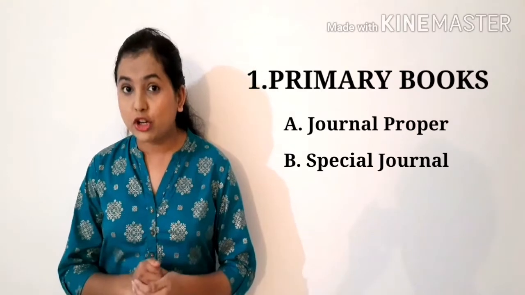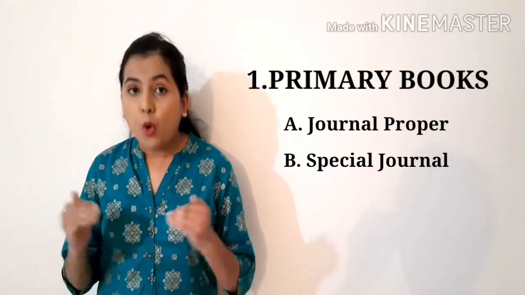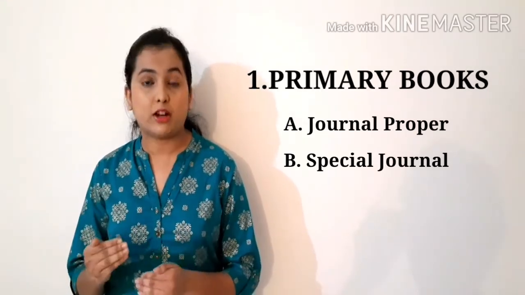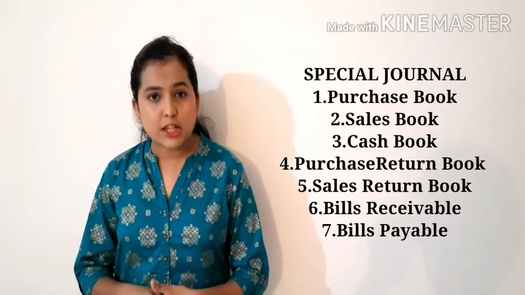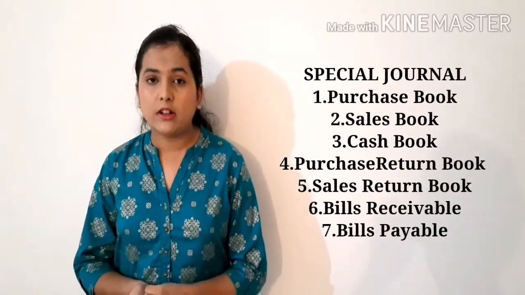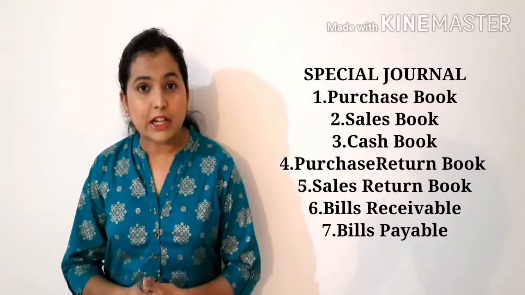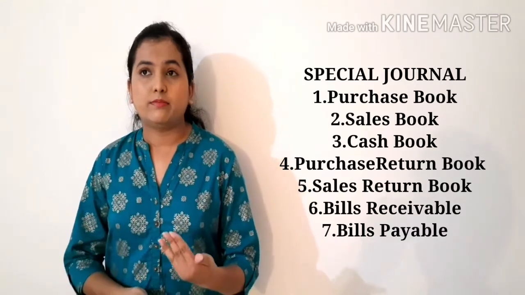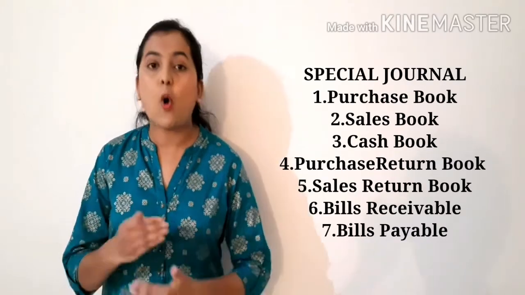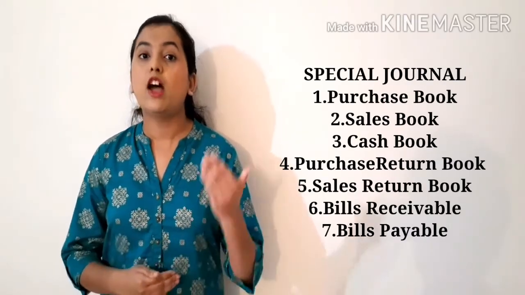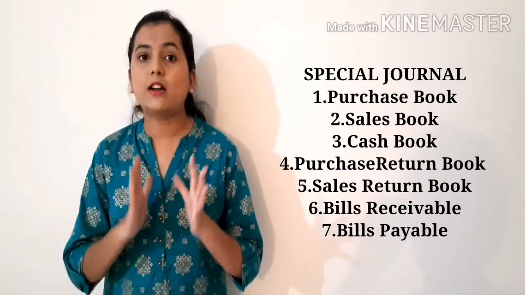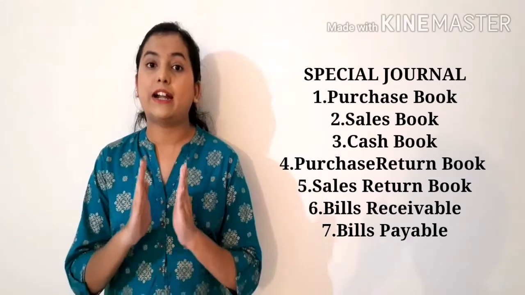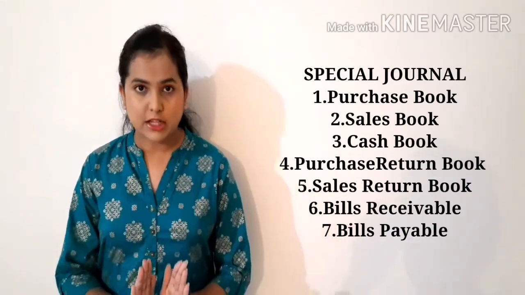In special journal, there is further division: purchase book, sales book, cash book, then purchase returns book, sales returns book, bills receivable, bills payable. All these books are kept in the special journal. These are the core books that are kept by a businessman.